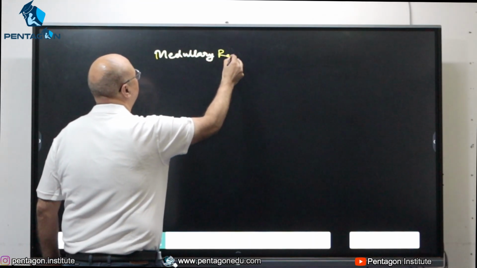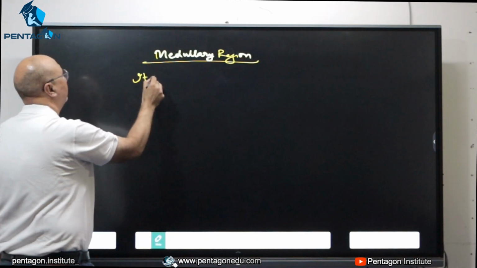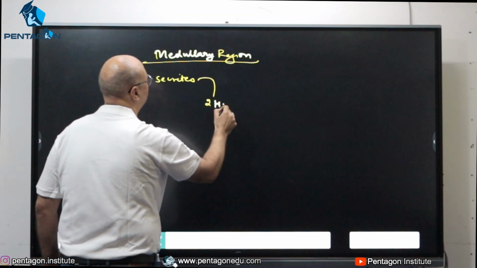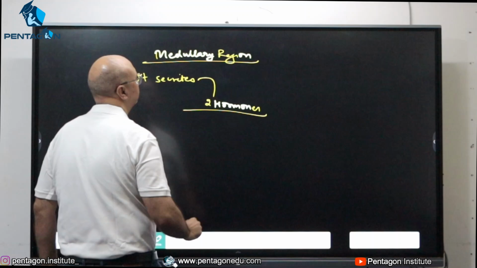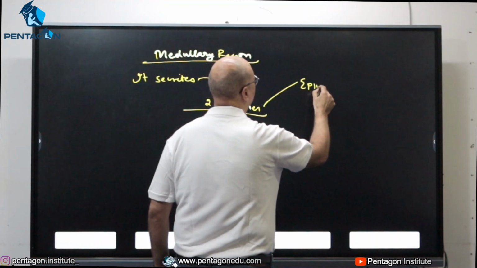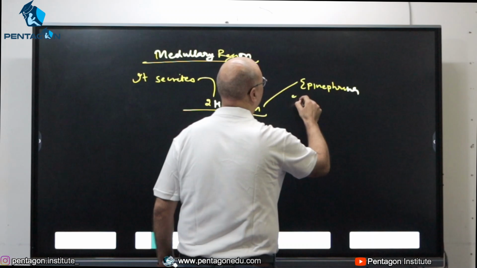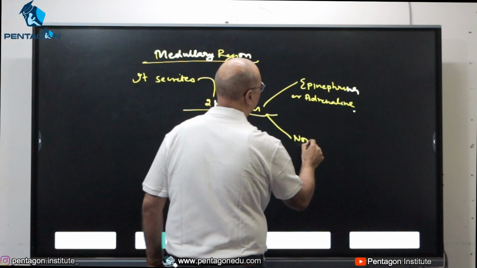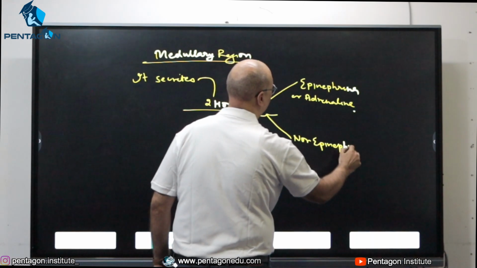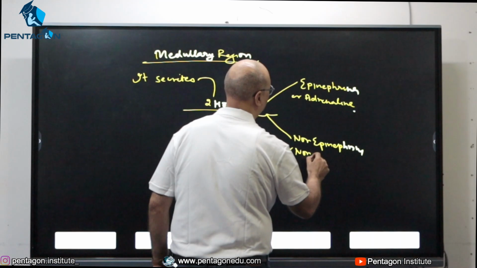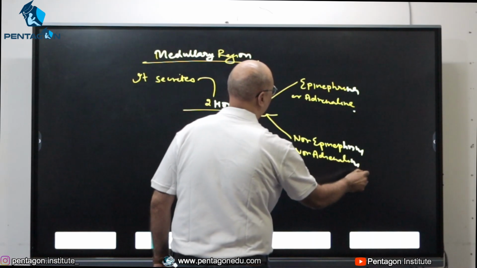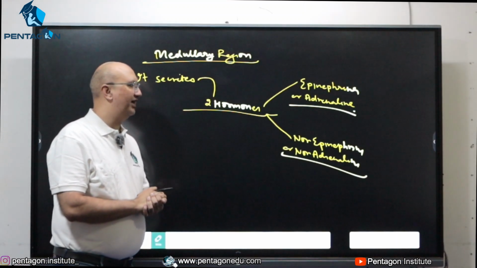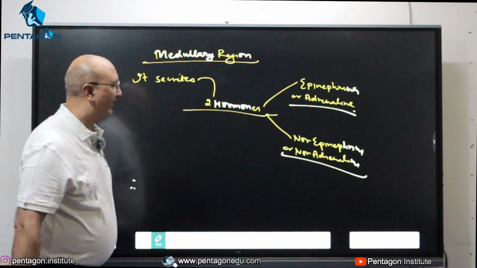The medullary region secretes 2 hormones: epinephrine or adrenaline, and norepinephrine or noradrenaline.